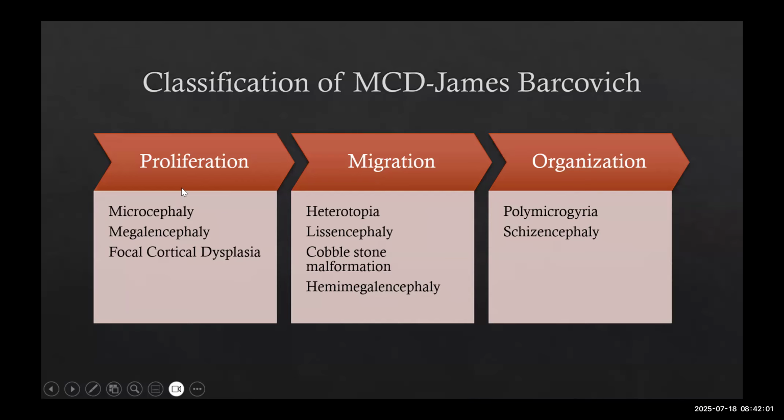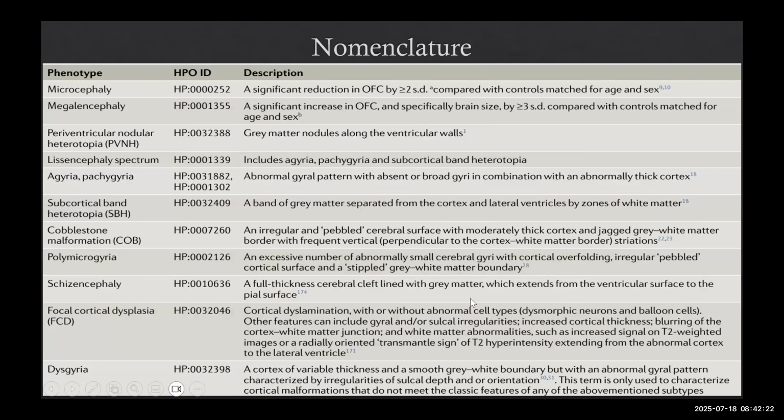So proliferation disorders include microcephaly, megalencephaly, focal cortical dysplasia. Disorders of migration include heterotopias, lissencephaly, cobblestone malformation, and hemimegalencephaly. Organizational disorders are polymicrogyria and schizencephaly. So this is the nomenclature described for each section.